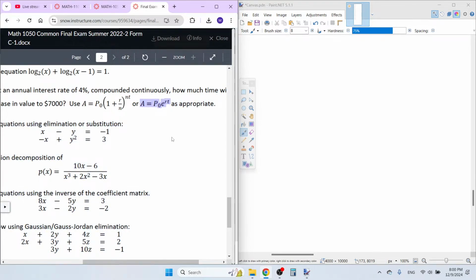This is the continuous compound interest equation, and it represents interest being charged instantaneously. So, not once a month or once a day, and not even once a second, but faster than that, all the time, never stopping.